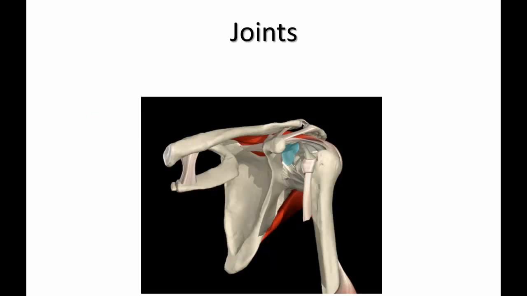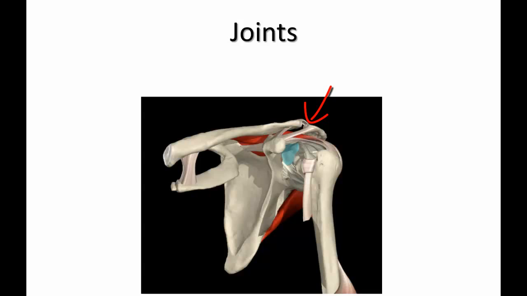Joints. As you can see here, this is a shoulder joint, or what we would call a glenohumeral joint, where the humerus sits in the glenoid cavity. And if you remember during class, I talked about the difference between a separated shoulder and a dislocated shoulder. A separated shoulder is going to take place right here at the clavicle and the acromion process.